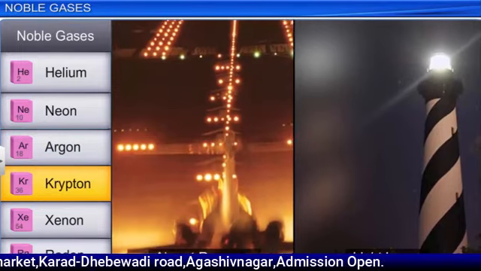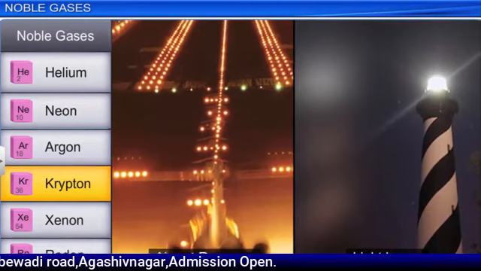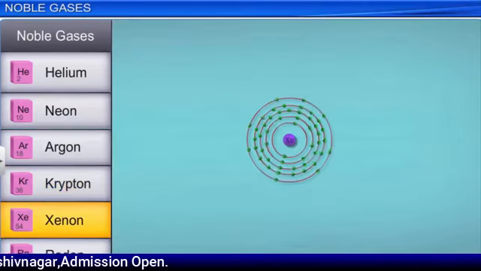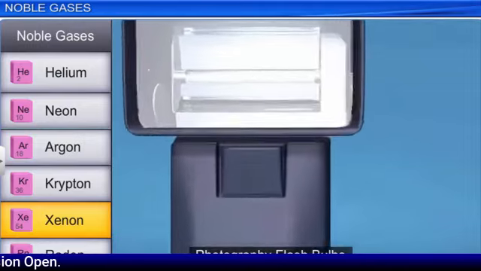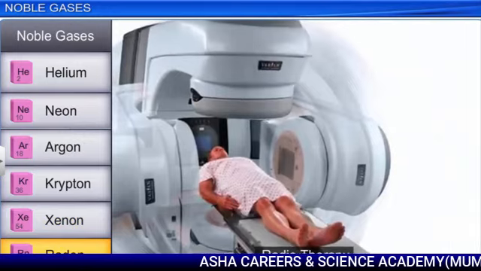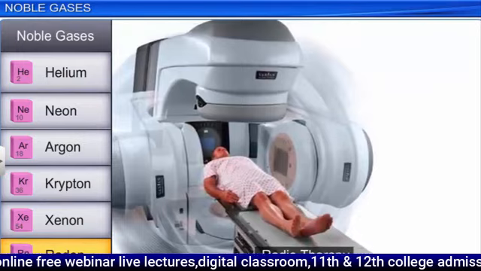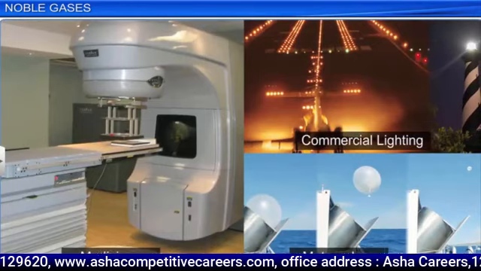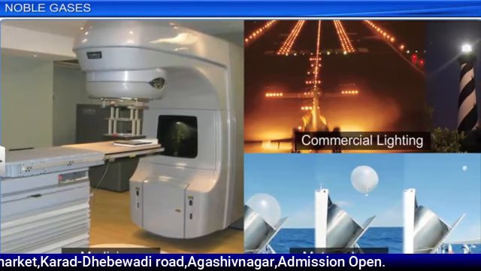The gas is used in lamps, which produce high-intensity light that are used along airport runways and lighthouses. Another noble gas is xenon, which is used in photographic flash bulbs. On the other hand, due to the radioactive nature of radon, it is used as seeds in radiotherapy of cancerous cells. Thus, the noble gases are used in various fields, such as medicine, commercial lighting, as well as in meteorology.